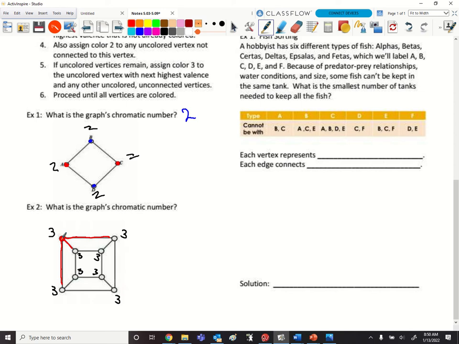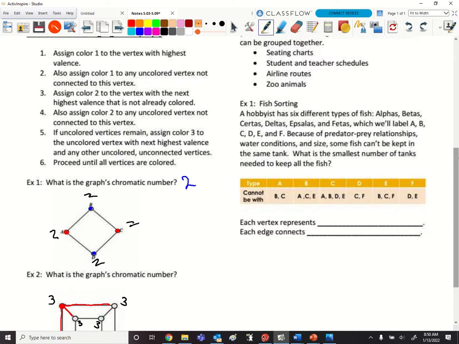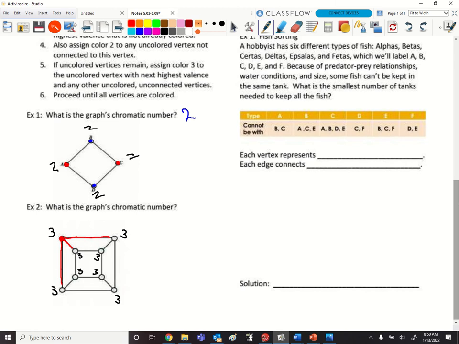Okay, so now we're on step 2 now since we did that. And it says step 2, assign color 1 to any uncolored vertex not connected to this vertex. So, could I put it right here? Very good. Okay, so I can put it right there, can't I?